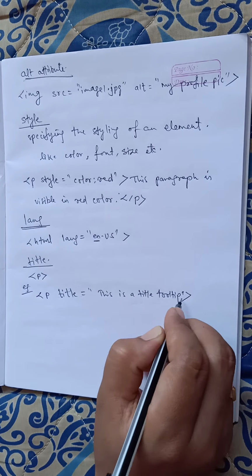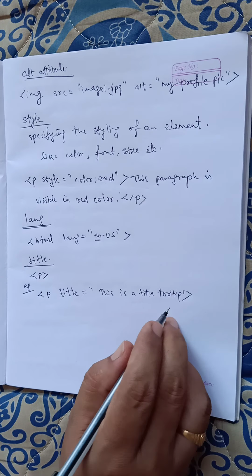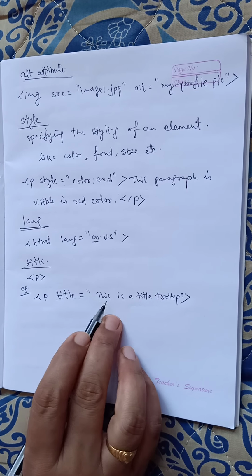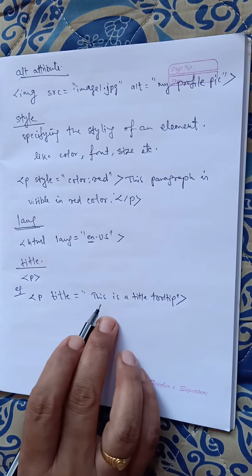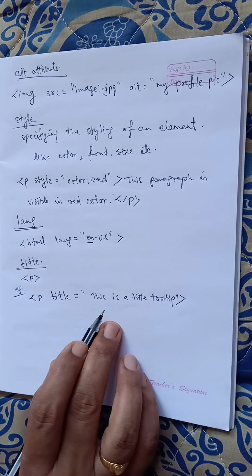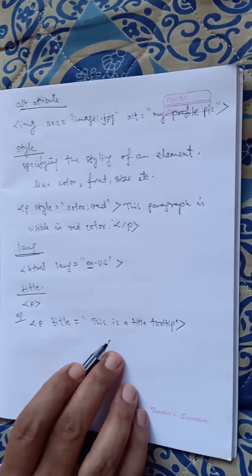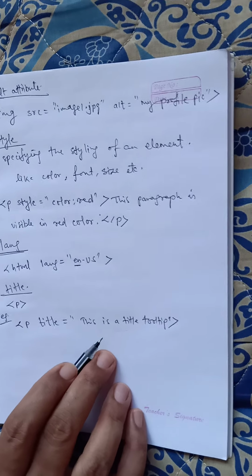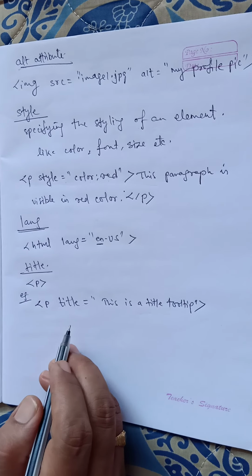You must have seen tooltips on the browser. If I move the cursor onto some text, then immediately some tip appears there. Only 2-3 words or 4-5 words maximum, you can see that. That's a hint about what will be displayed or what it contains. Those tooltips are displayed using this title attribute.